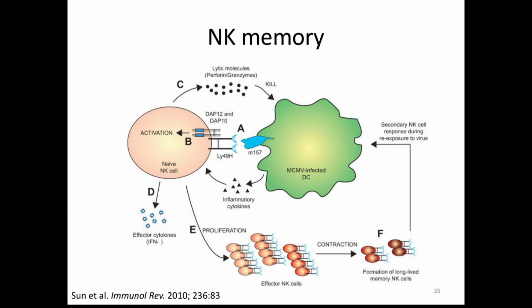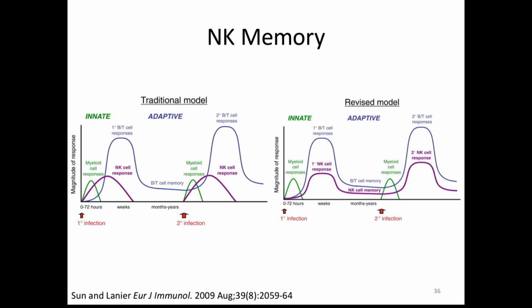There is some gray area here of things that don't fit into these two perfect boxes. It's now pretty well accepted that, we used to think about there being this myeloid cell response, the NK response, and then an adaptive response that changed over time. And now we're like, no, the NK cell response also changes over time.